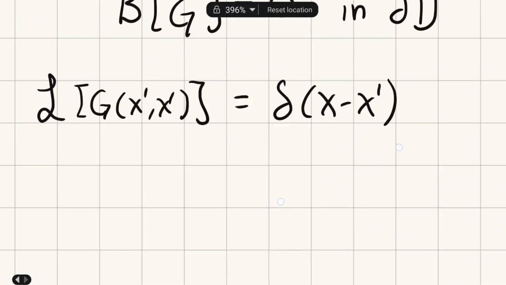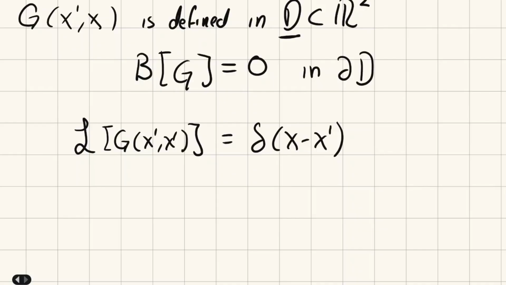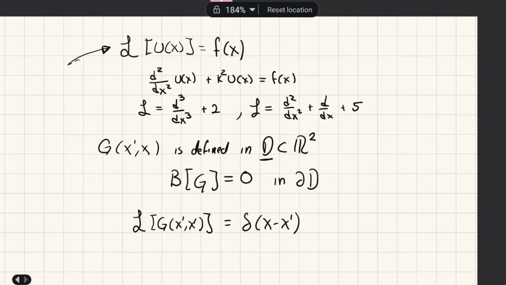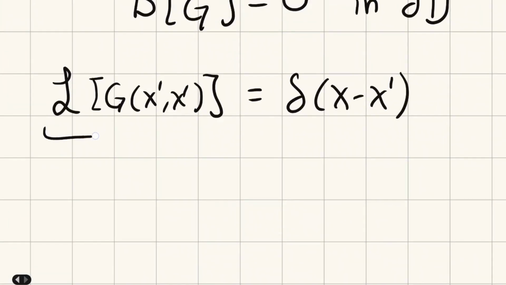So this is the equation that defines the Green function. We define a new function of two variables associated to a particular differential equation of this form, and that function must satisfy this relation.